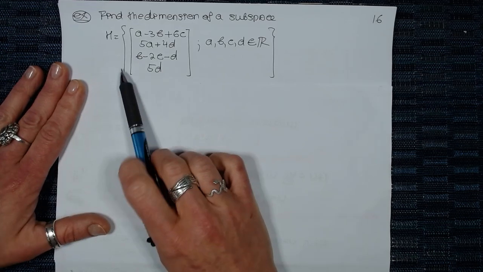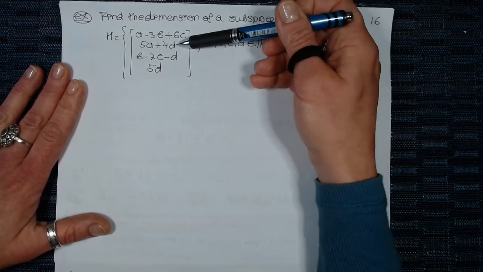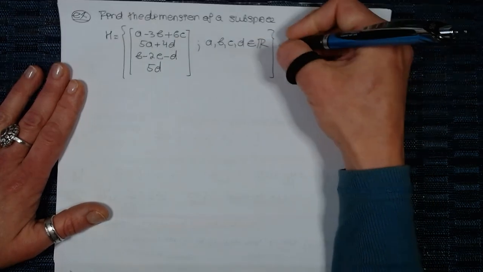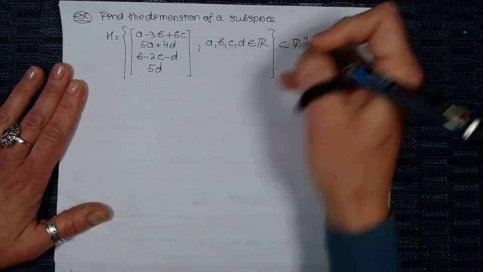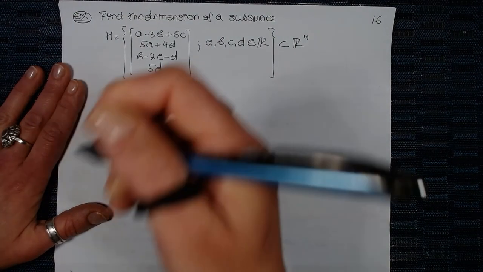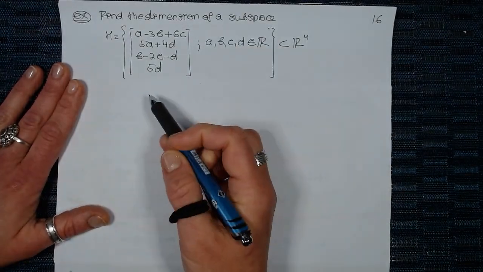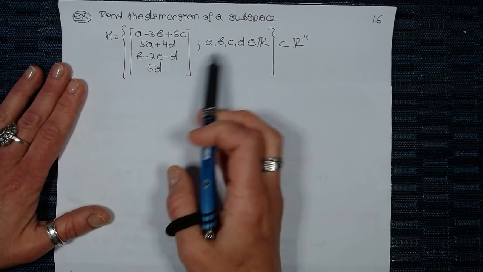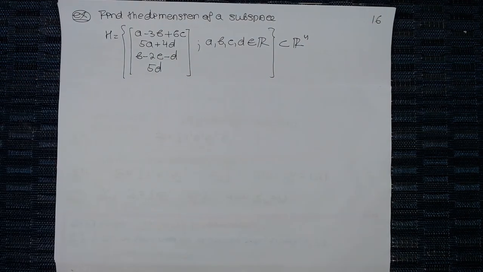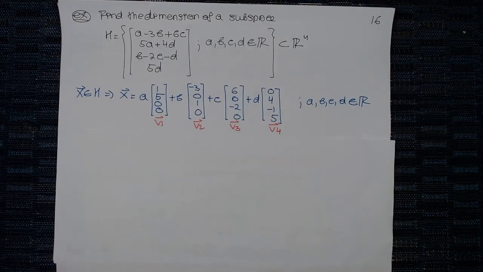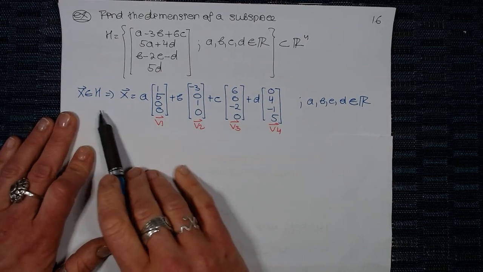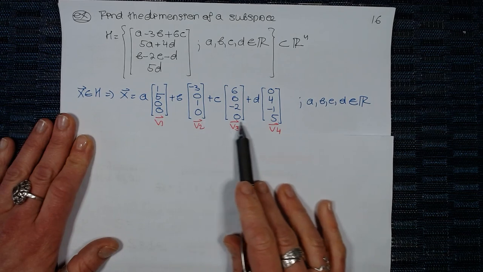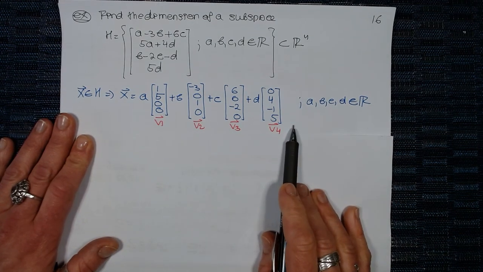So I'm given a set H, which is going to be a subset of R4. My 4 coordinates are defined in terms of a, b, c, and d, where these are some real numbers. So I'm basically taking linear combinations of vectors here. If I write this out as a linear combination, if x is in H, then I'm just factoring out a, b, c, and d, and writing everything out in terms of vectors.